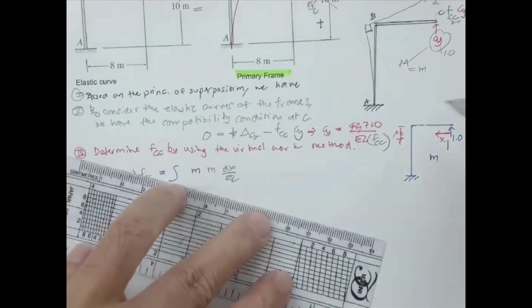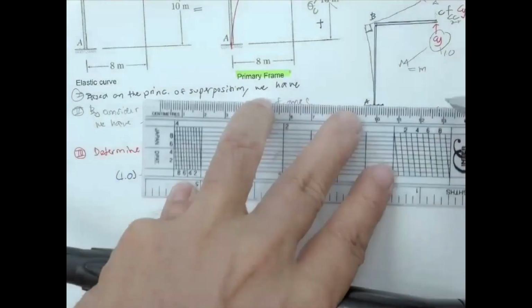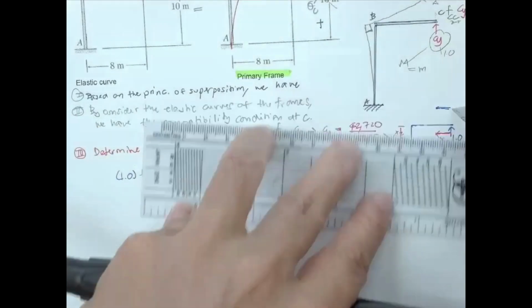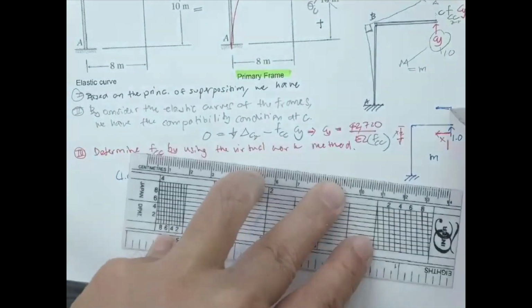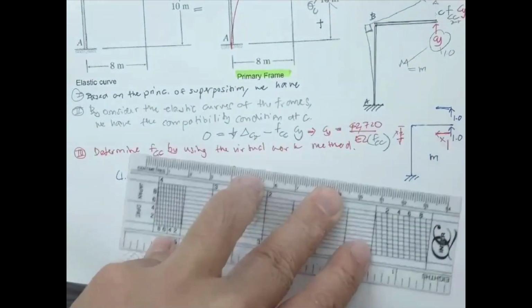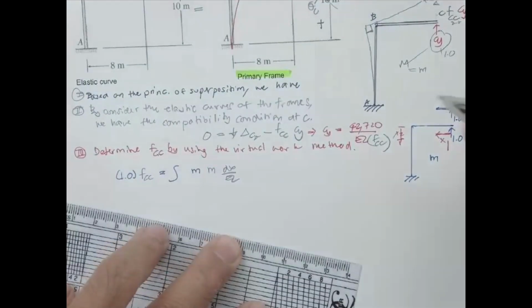Just take this portion, and this is subjected to 1.0, and let's put this one to be m1, and then you should have m1 equal to x1.